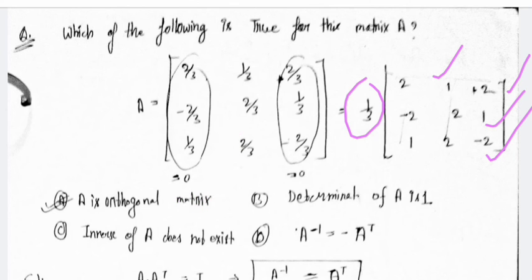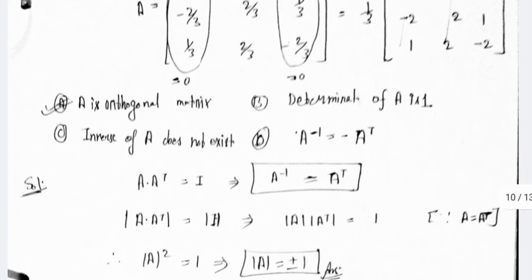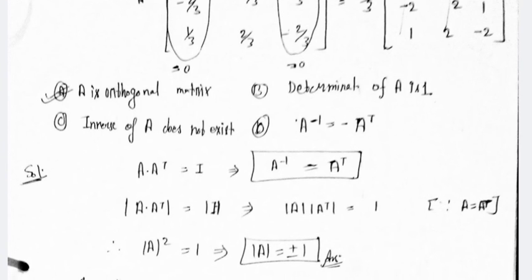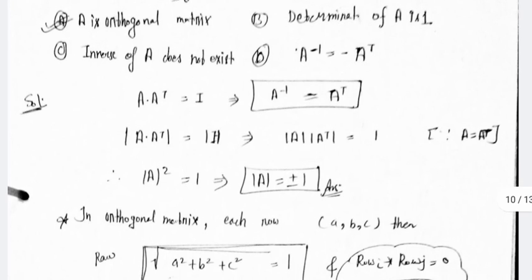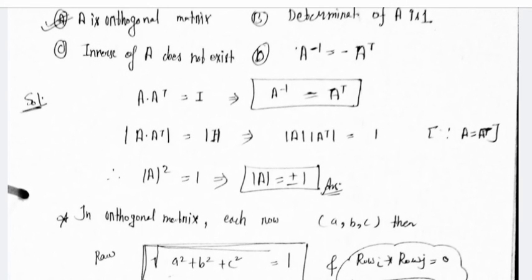But why is it an orthogonal matrix? We know the property of an orthogonal matrix: when we take the transpose and the inverse of this matrix, we get A dot A transpose equal to I. So we can easily say that A inverse is equal to A transpose.